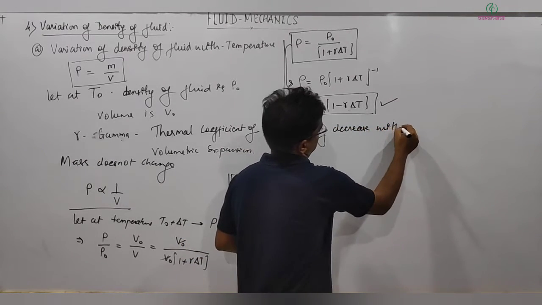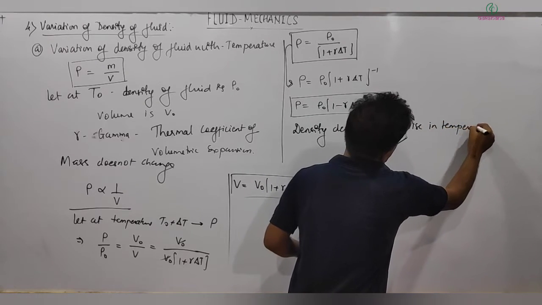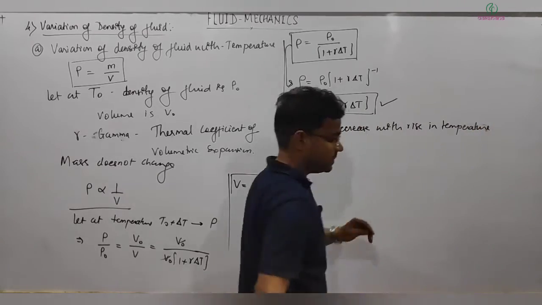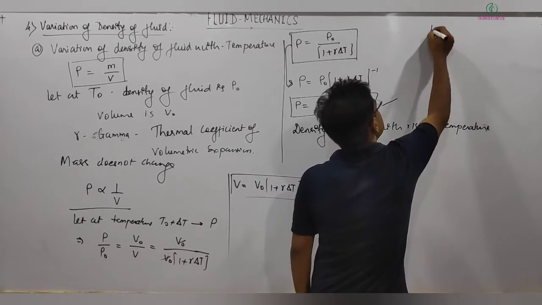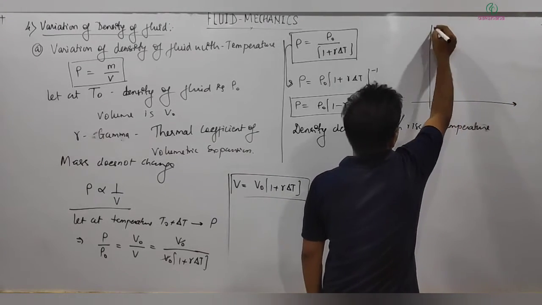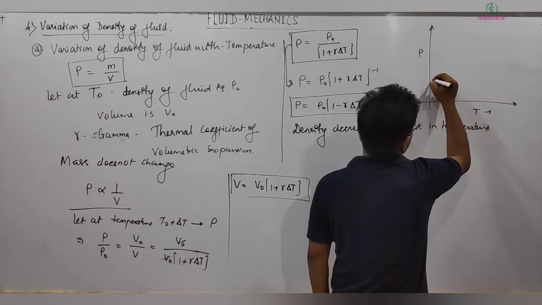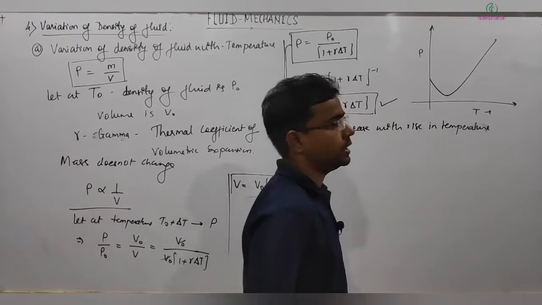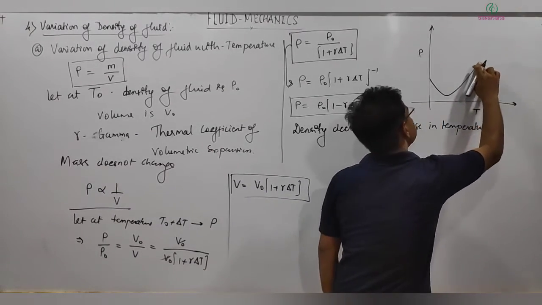With rise in temperature. And here you must be familiar with one exception about water. In case of water, the density variation is a little bit different, rho versus temperature. Initially it goes like this and then it goes like this.